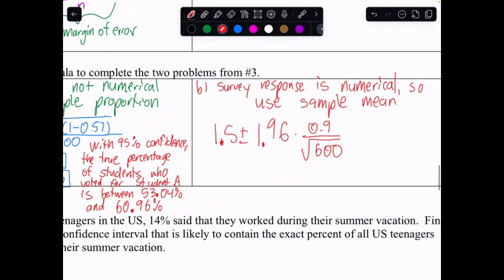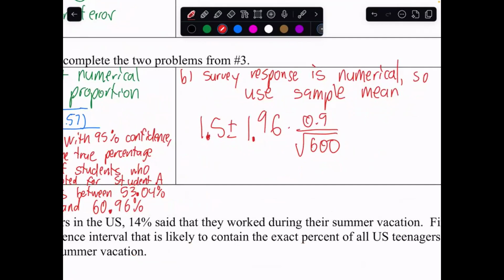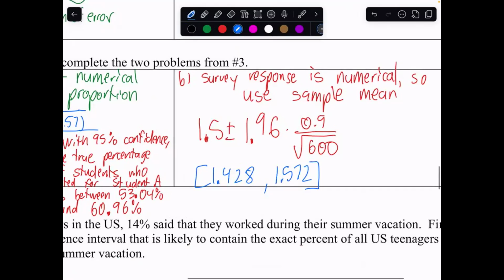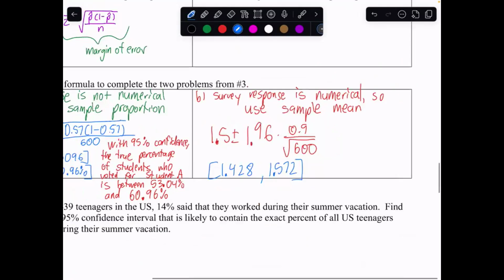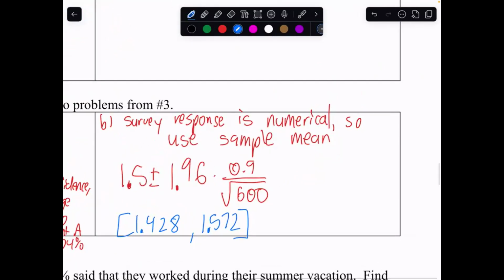Here would be your formula. Then doing the minus to get the lower bound and the plus to get the upper bound, we should come up with 1.42, technically 4280, but I'll just leave off the 0. That would be your confidence interval.